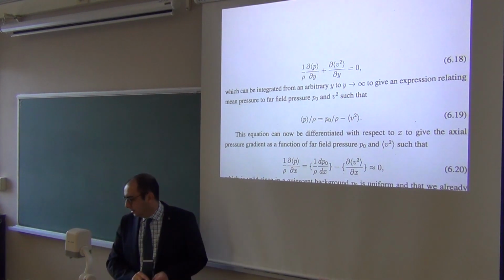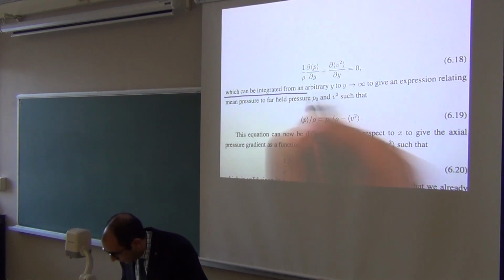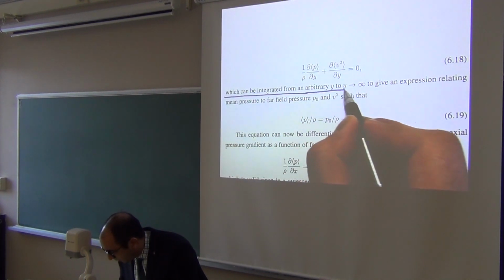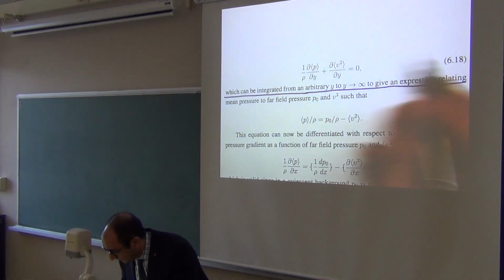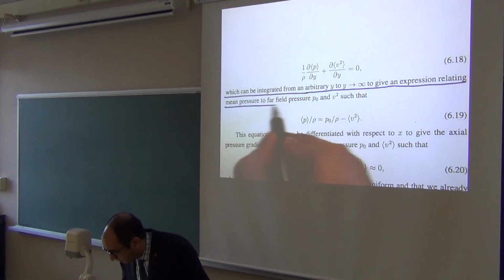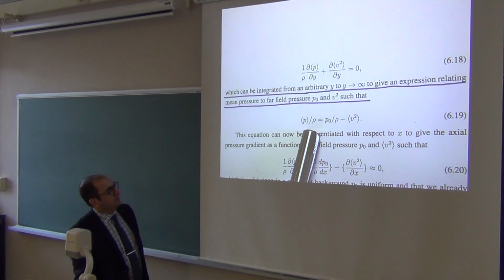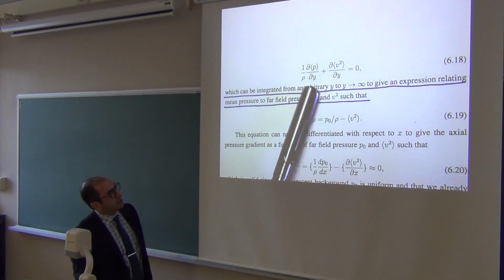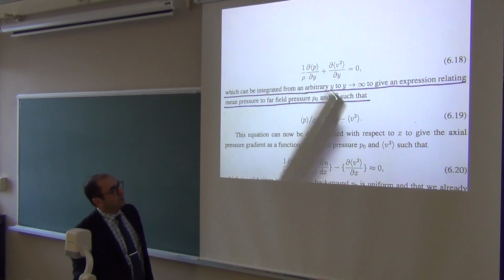You can integrate this from any arbitrary point to infinity and arrive at another expression given here. We did this type of integration in the chapter on wall flows. You can try that at home.